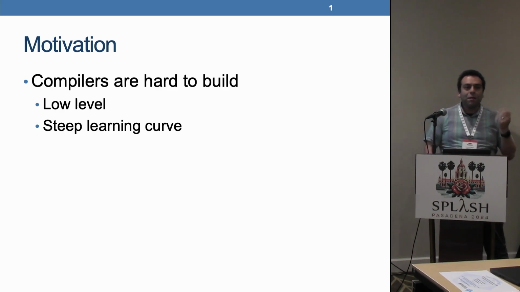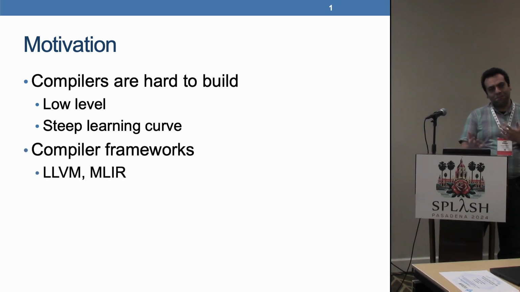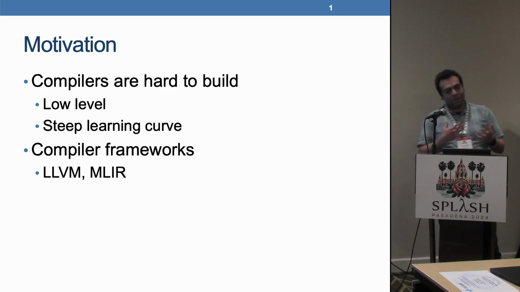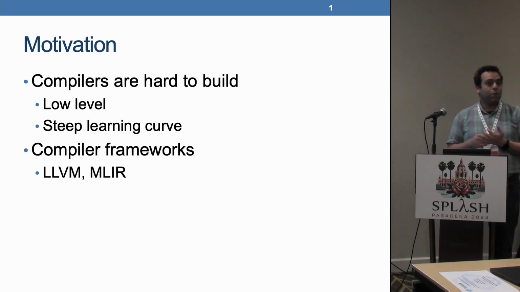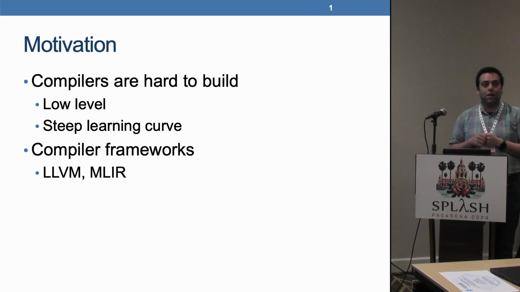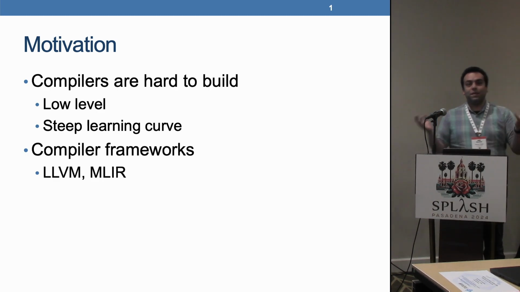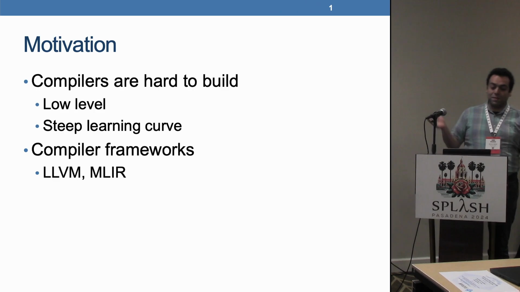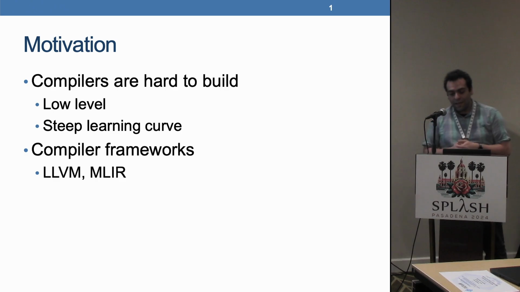And there are some compiler frameworks out there that try to make it easier. Whether they succeeded or not, that's a different story. For example, the MLIR framework is one of the industrial quality compilers that is being extensively used to build optimizing compilers for domain-specific languages in Google or some other companies.